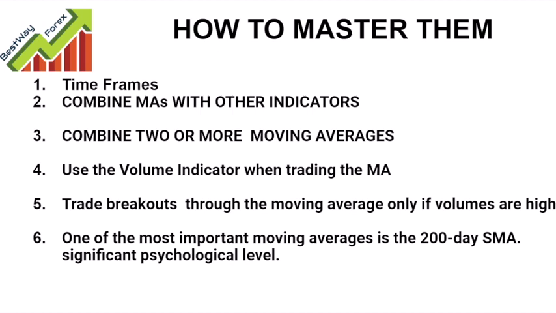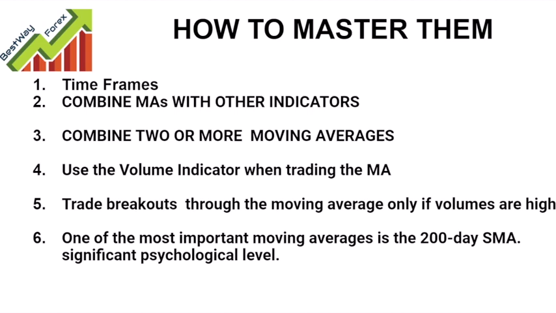Because this is a very common tool used by most traders, it becomes a significant psychological level when the price gets close to it, or is above it, or below it.